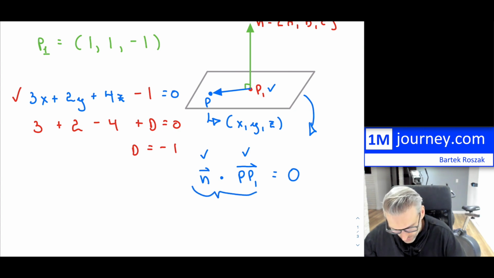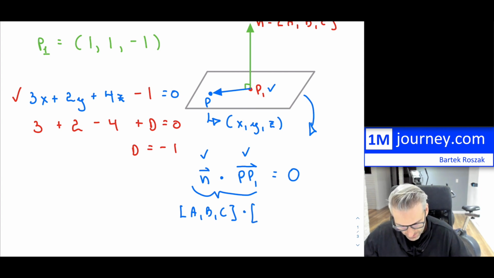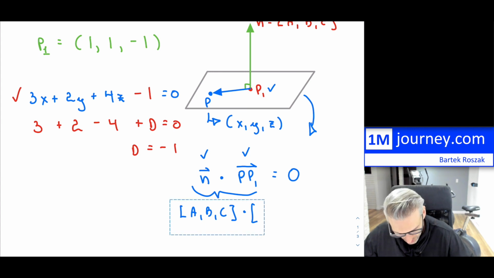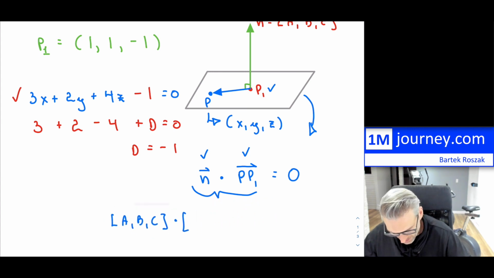So if my normal was indeed some A, some B, some C, that I knew, I would be dotting it. Now, notice what's going to happen here. The P and P1, it's really the subtraction of those two. So what I would have is my actual values. Now I'm going to shift this a little bit just so that I have space.